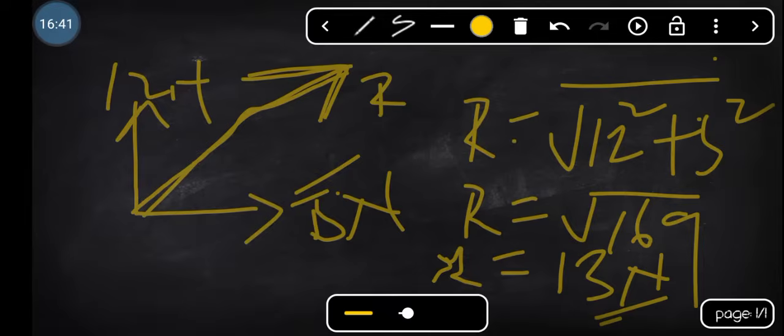Then we solve some questions, and look at other possible questions you can come across in your exam and in your interview, wherever.